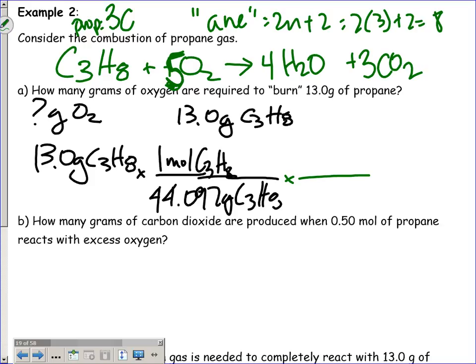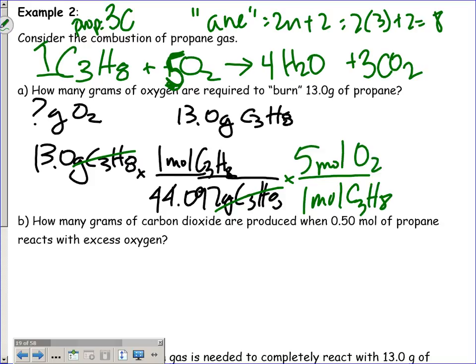This is your story. You have to follow your story. It's about this reaction. So your grams of propane have canceled. Your moles of propane need to go on bottom, and that's a big 1 right here. Even if it's not there, you should see it's a 1. 1 mole of propane is related to oxygen in a 5-to-1 ratio. So 5 moles of oxygen react with 1 mole of propane. This is from your balanced chemical equation.